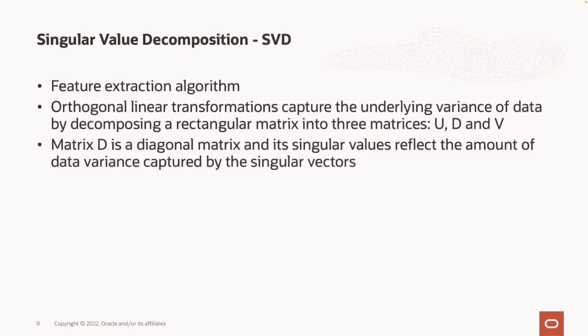The singular value decomposition is just a different method. It actually applies a transformation on top of your data. So it's going to work with the axes of all of the different attributes, and it's going to look for the decomposition of that into rectangular matrices.